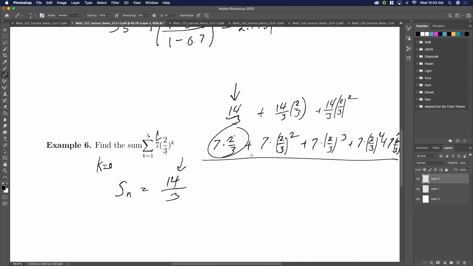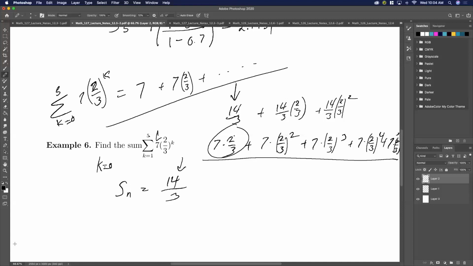If k was 0, let me just rewrite this real quick. A simpler one to answer than this one, where k equals 0, the sum of 7 times 2 thirds to the k. Because if k was 0, I'm going to have 7, because anything to the 0 is 1, plus 14 thirds, plus 7 times 2 thirds squared, right?